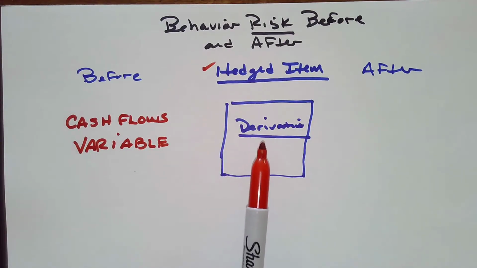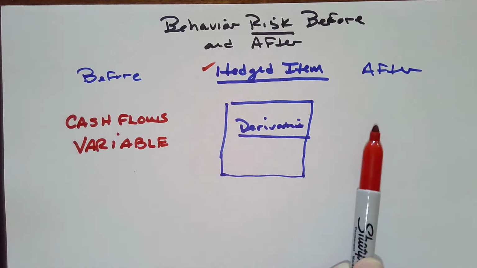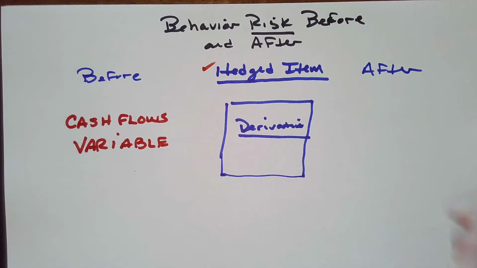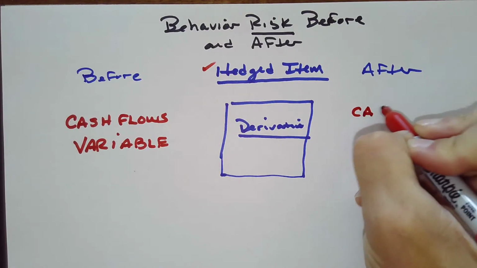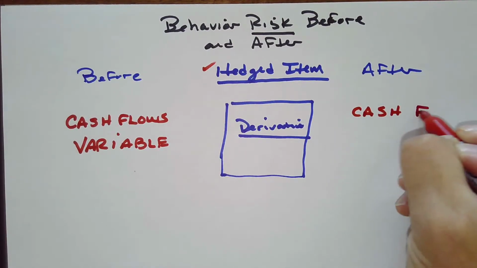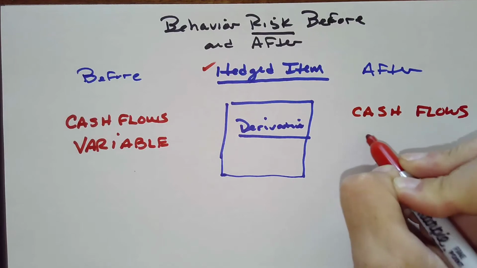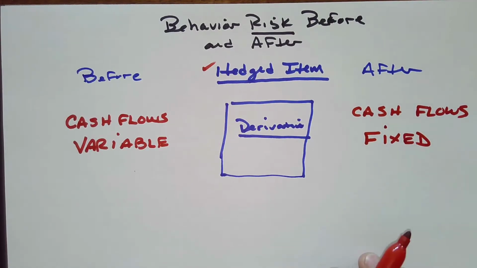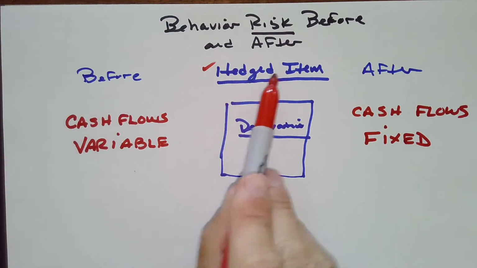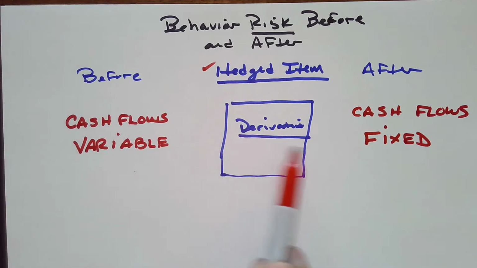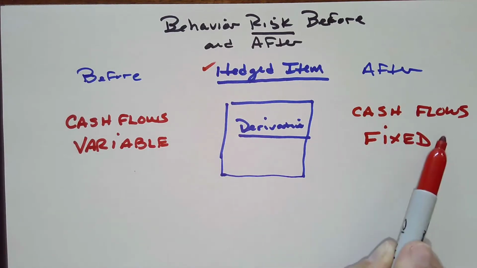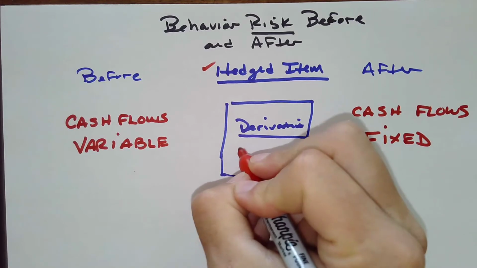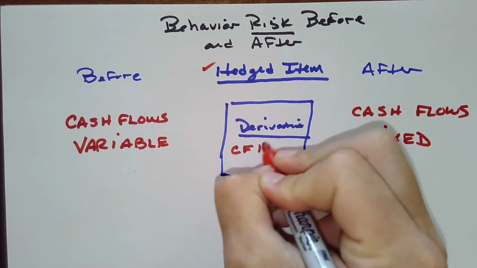Once I put the derivative in place, cash flows become fixed. When I have this type of situation with my hedged item, and then I put the derivative in place and the cash flow has changed, this is a cash flow hedge.